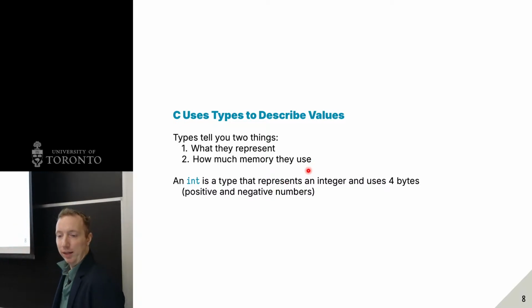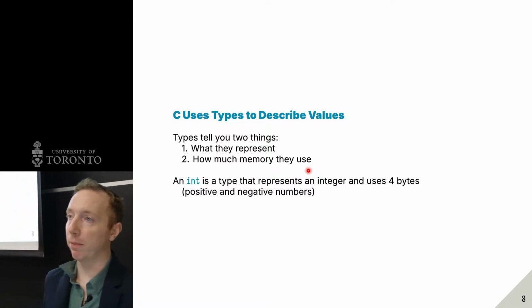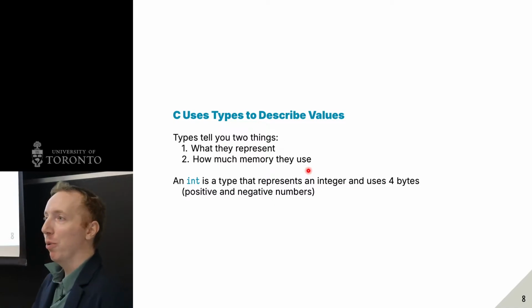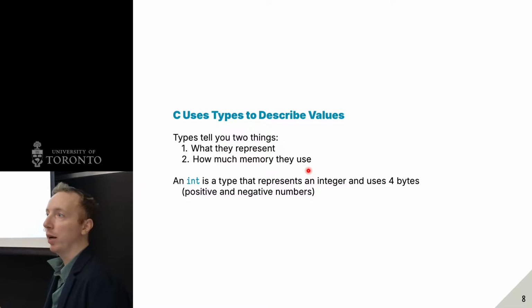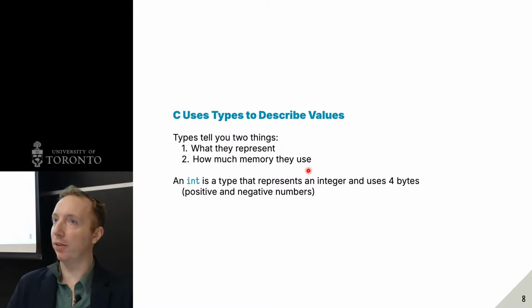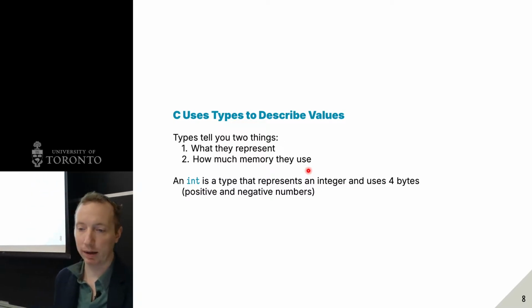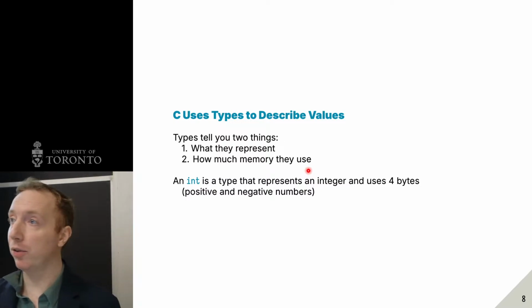So how does this relate to C? C uses types to describe values. Memory is just a whole bunch of bytes. One individual byte may or may not help us depending on what we're trying to represent. And remember, computers are really, really dumb. They just deal with bits and bytes, and then we as humans assign meaning to them. So what a type is in C is it tells you 2 things.